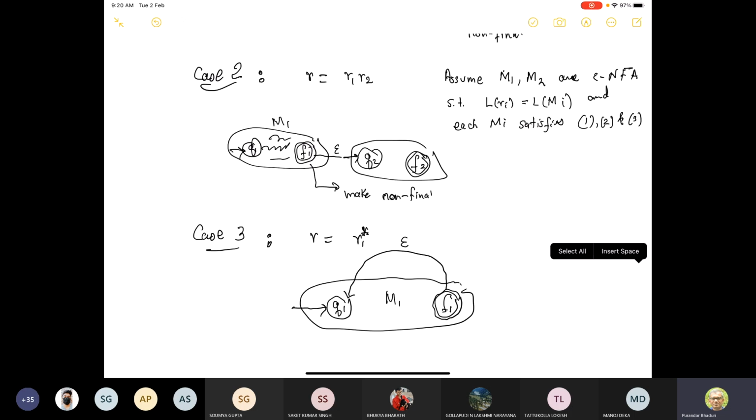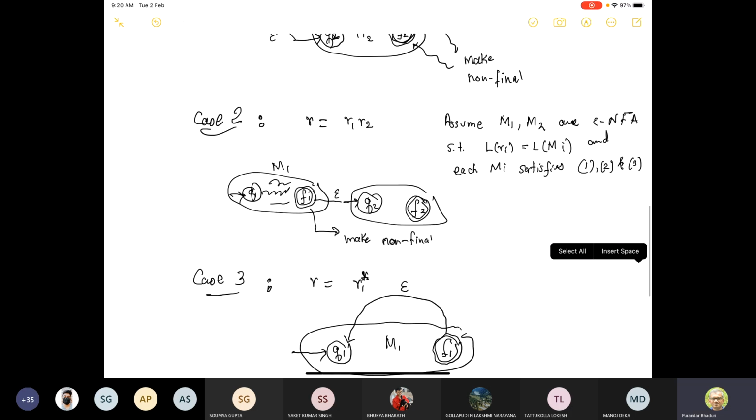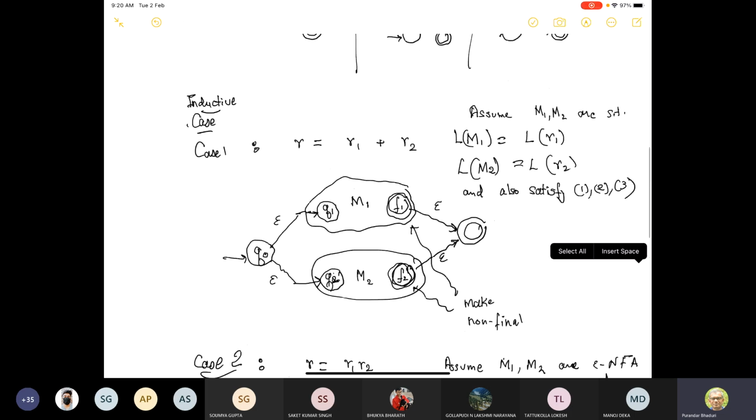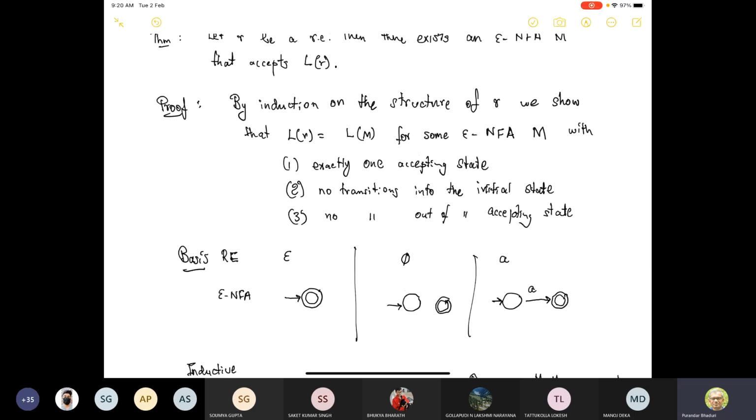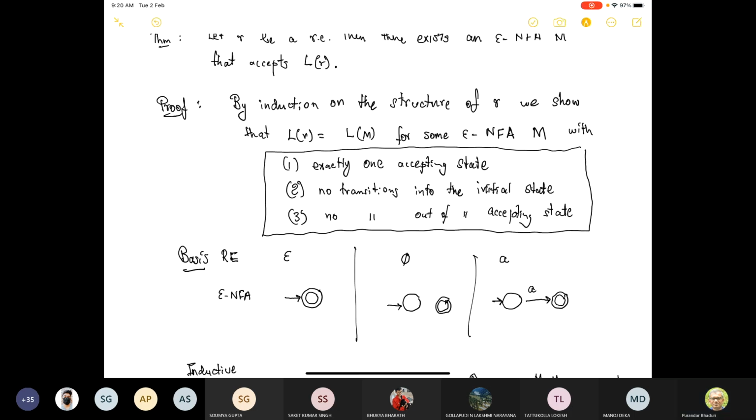Can you quickly tell me why we want to avoid that? I mean, we assume these three things for a reason. Okay? There is a reason why we put these three constraints. There is a reason behind everything.